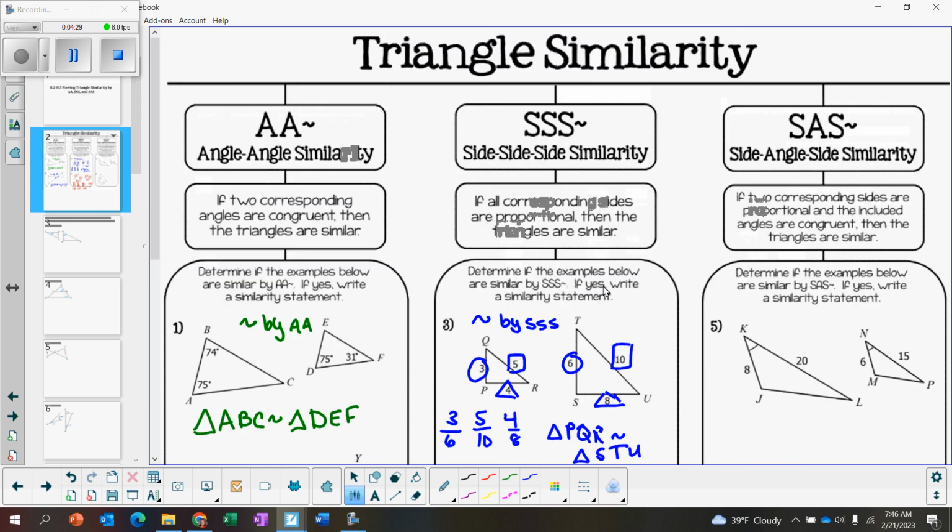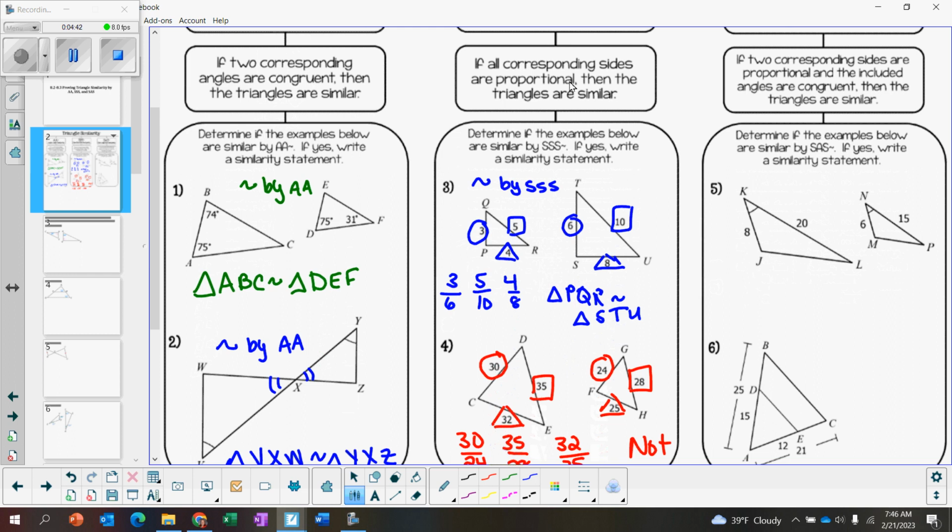Our last method of triangle similarity is SAS, side angle side. This is where we have two pairs of proportional sides and the angle between them is congruent. In the first one here, we have an angle here and an angle here. So we do know we have one of the angles. Now I'm going to look at the two sides that make up that angle.